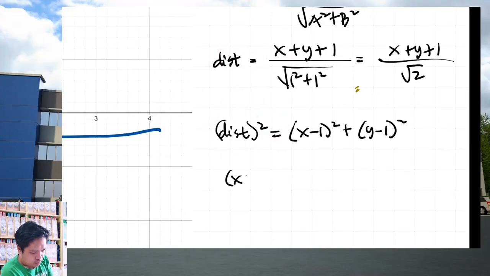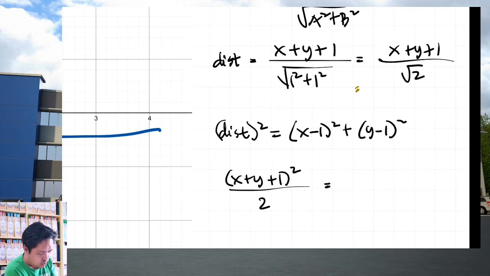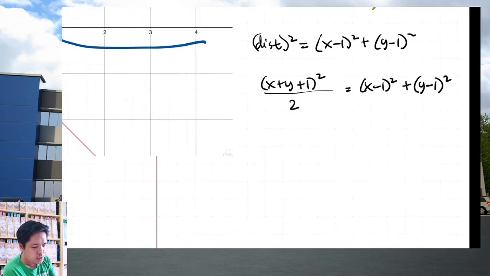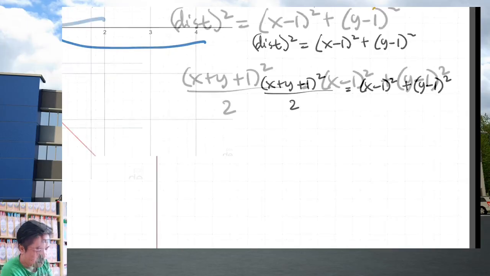you'll have x plus y plus 1 squared over the square root of 2 squared, that's 2, equal to x minus 1 squared plus y minus 1 squared. Then we just need to simplify this. Expand the numerator.